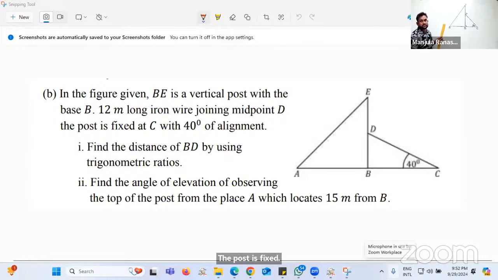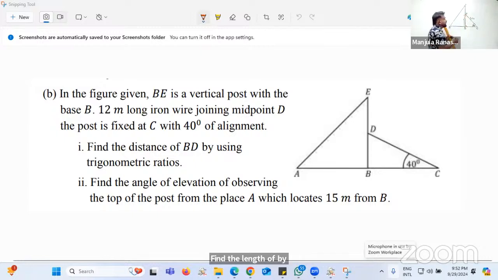Find the distance BD, right? So this is the 12-meter iron wire, which means the length CD is the iron wire. Find the length of BD by using the trigonometric ratio.